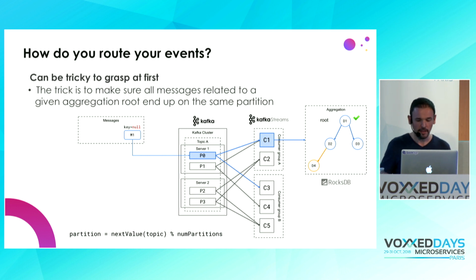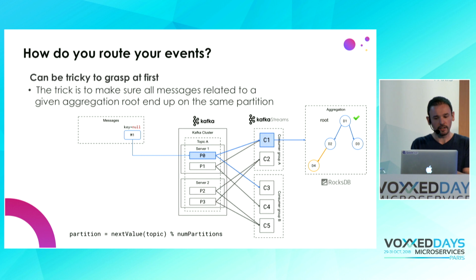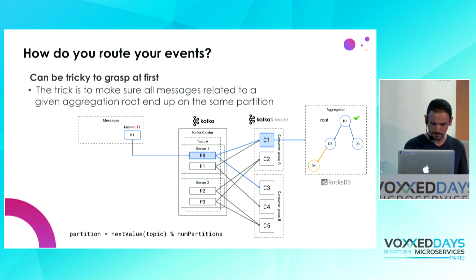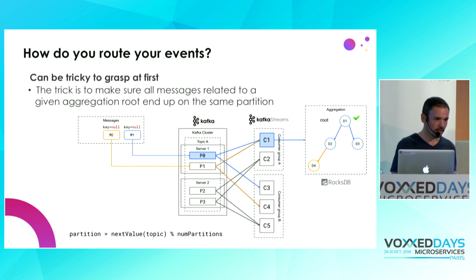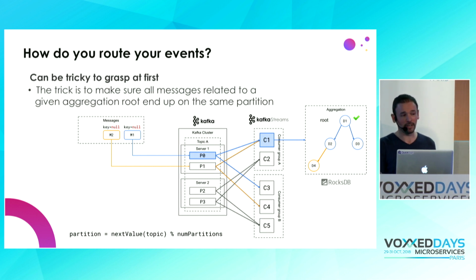Let's say now that you want to modify your aggregation route to attach the orange D4 elements. And you have an M2 message to do just that. It does round robin, so it's going to end up on the next partition for that topic, which is the P1 partition.